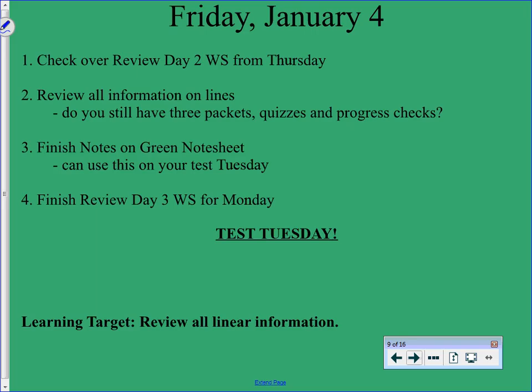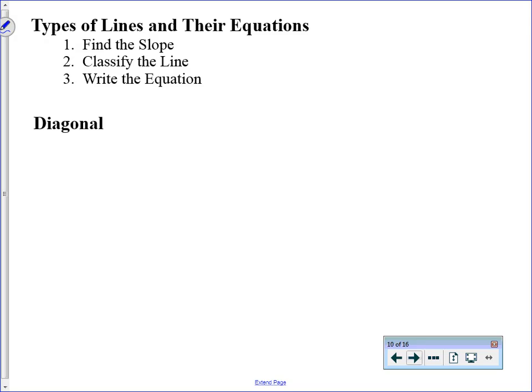All right, for those of you that are looking now to complete the last day of notes, our day 3 notes, this is the information that you just took a quiz on before break. So our goal now is to go through and review not only the types of lines that we have, but also how to write equations for these lines.